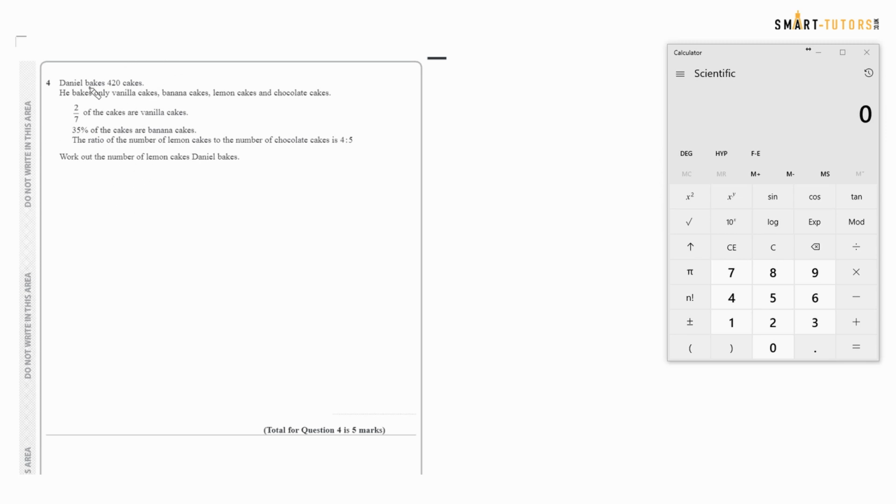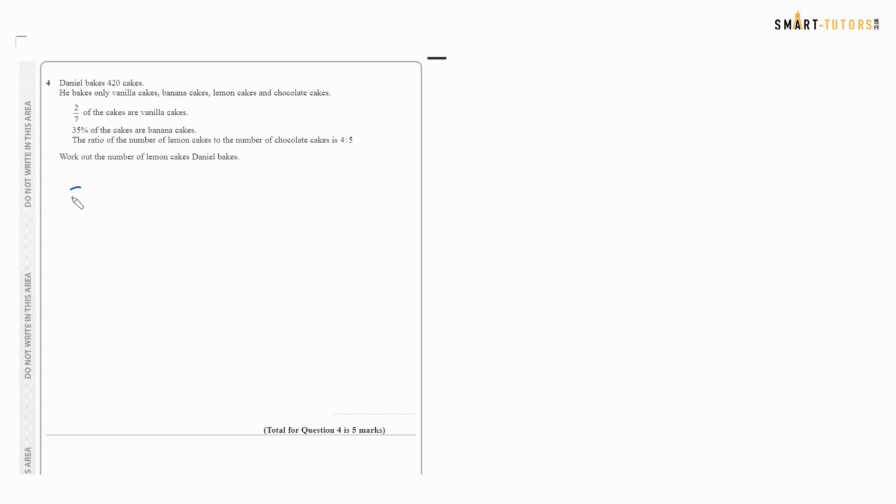So first of all, 420 is the total. So 2/7 of the 420 is the vanilla cakes. So this is going to be 120. So 7 goes into 42 and 60. 60 times 2 is 120.